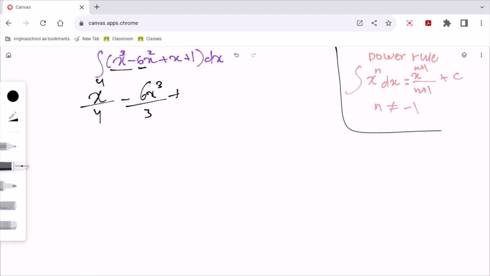And what about x? There is an implied power of one. If we use the power rule on x to the 1, it becomes x squared over 2.